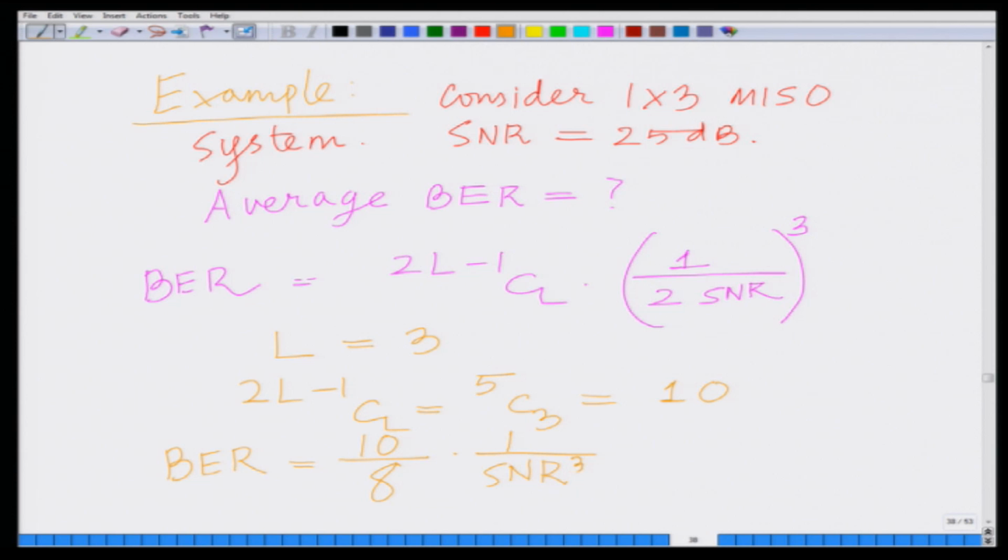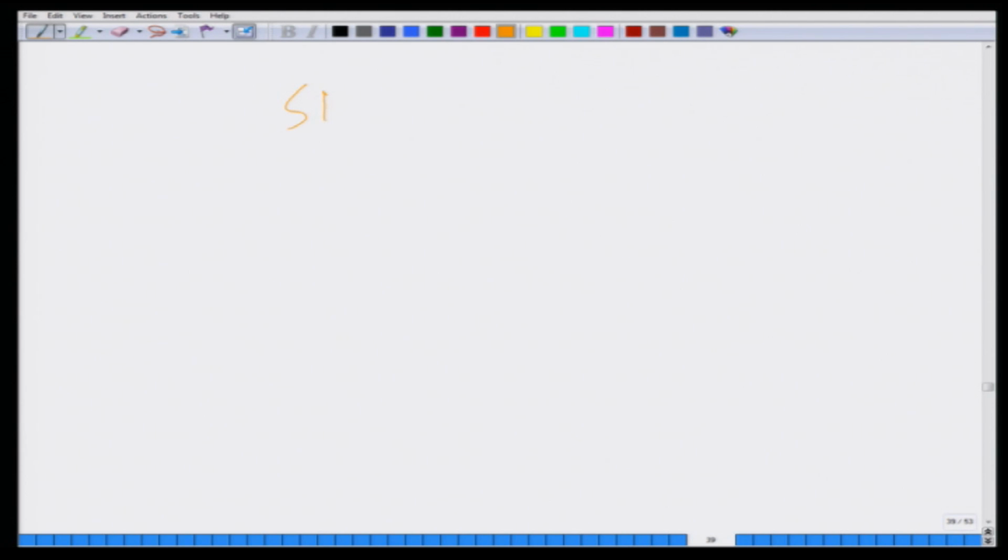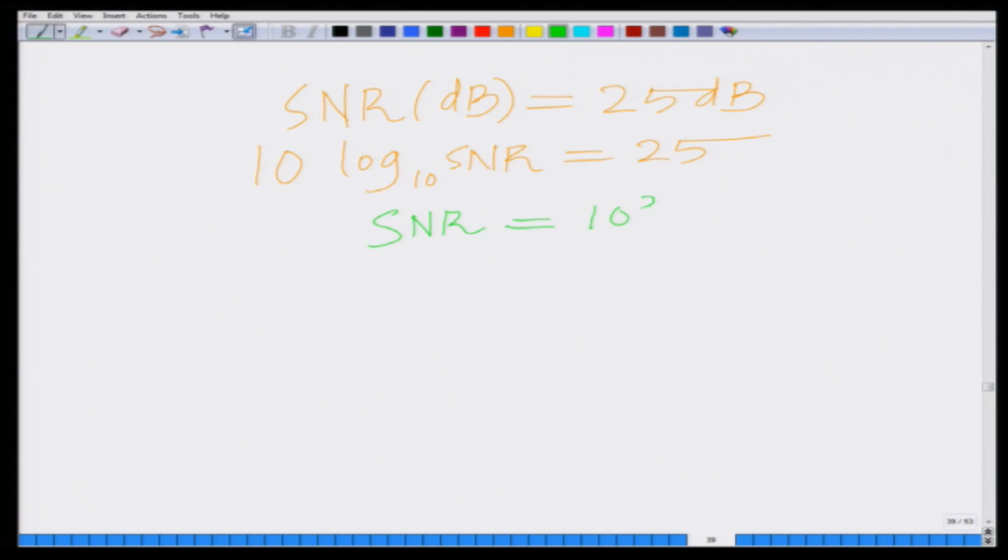Now, SNR in dB equals 25 dB, which means 10 log 10 SNR equals 25, which means SNR equals 10 to the power of 2.5.